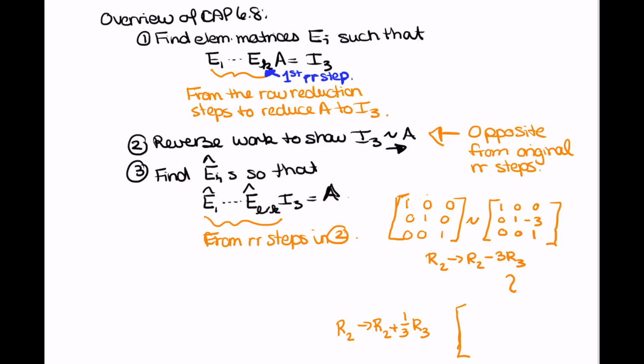This isn't like a multiplicative inverse. It's going to be an additive inverse. Yeah, and you see there I realized, oops, I need the additive inverse. Okay, so I'm going to need the plus 3 R3. Yeah, there we go. And then we get the 0, 0, 1.